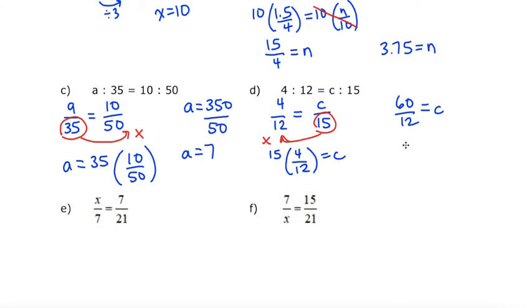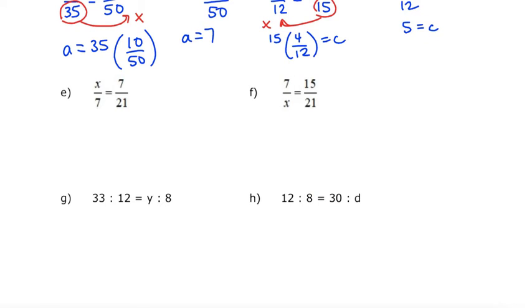And 60 divided by 12 is 5. So if it's not given to you as fractions for your ratios, just convert those into, or rewrite them as, fractions and then solve for your unknown that way. We'll go over a few more examples.